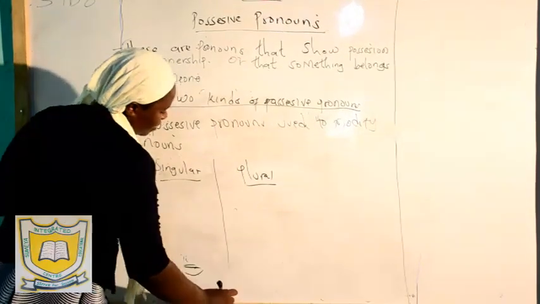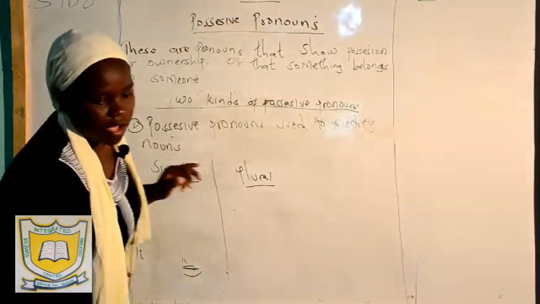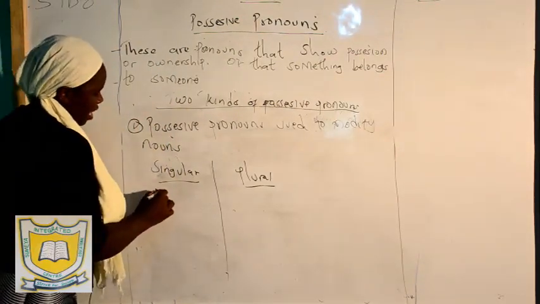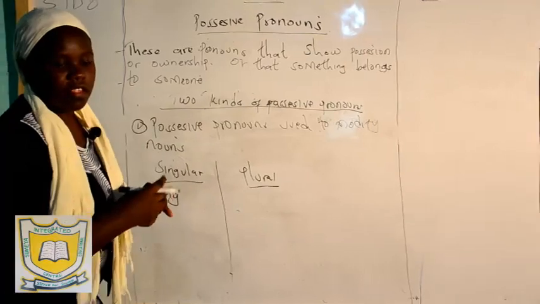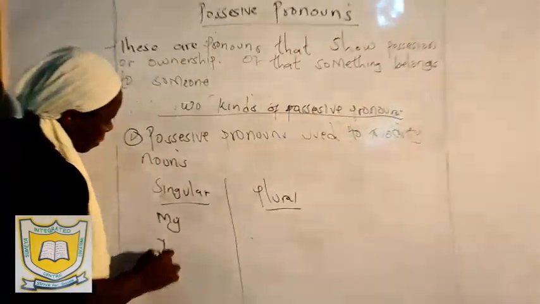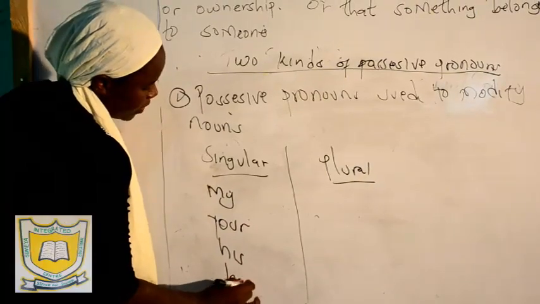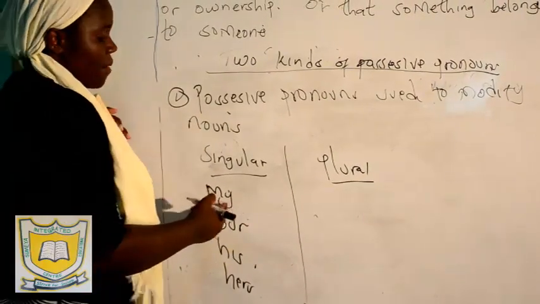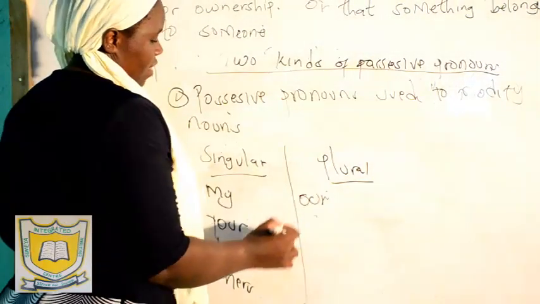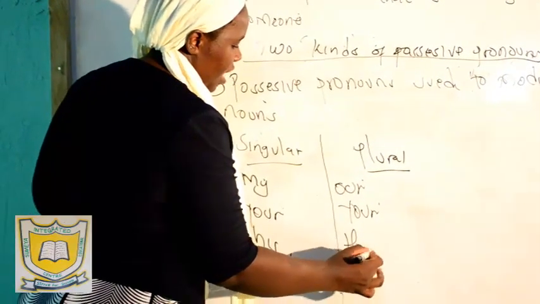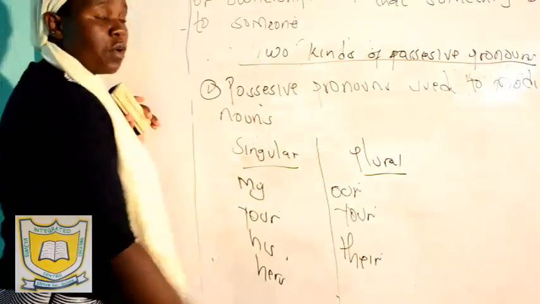I'm going to have my, which is singular, then you have your, his, and hers. So the plural of my is our, and then you have your, which is plural also, and then their, which is plural.